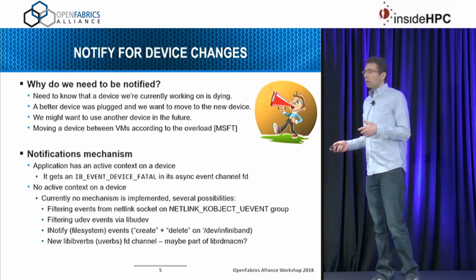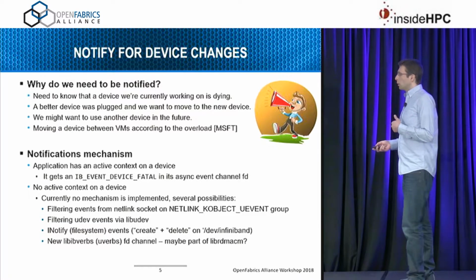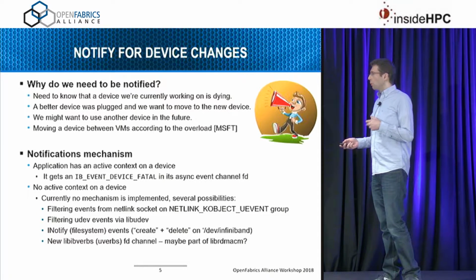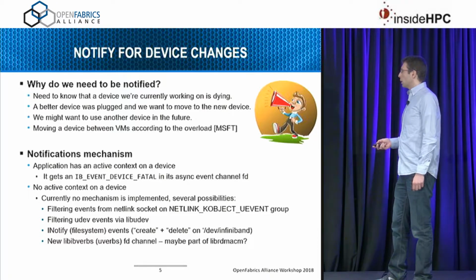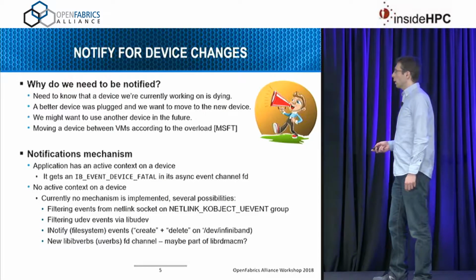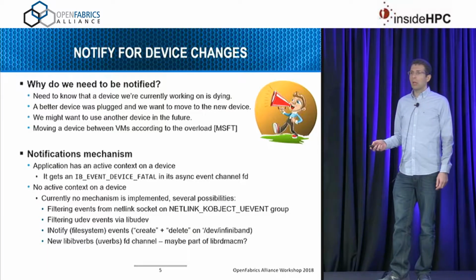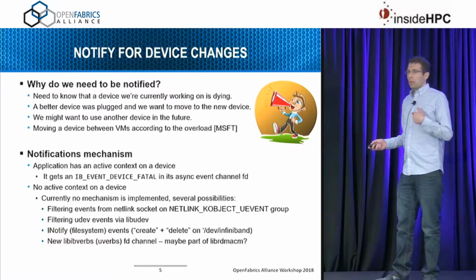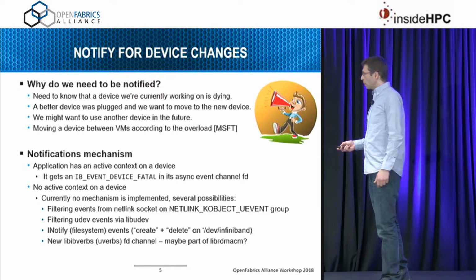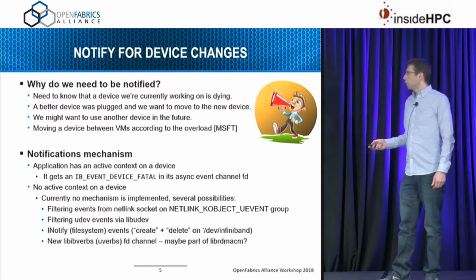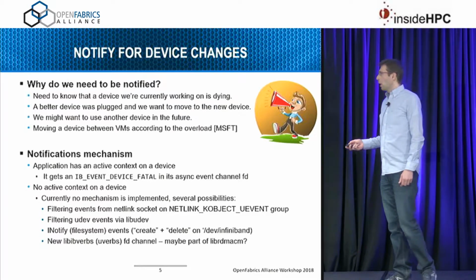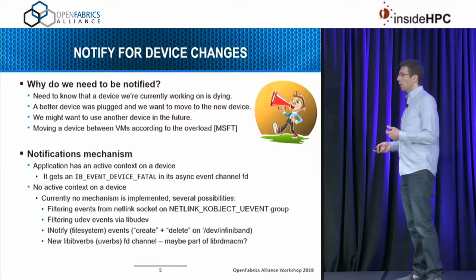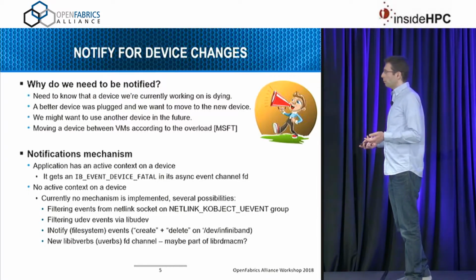So we need some kind of an event, and there are a few options here. One is the netlink one. You get a kobj add and del for changes. Another thing is to use udev.